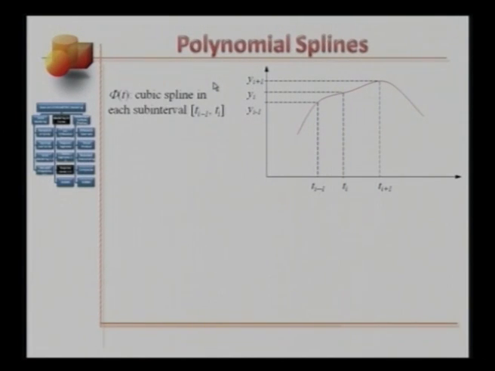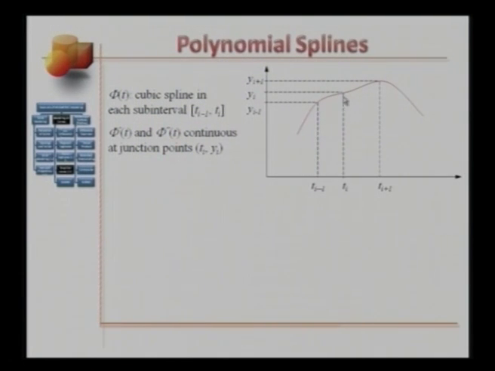Let's say that we are going to be constructing phi(t), which would be a cubic spline in each sub-interval t(i-1) to ti. What would this mean?